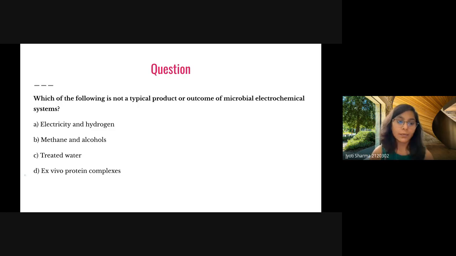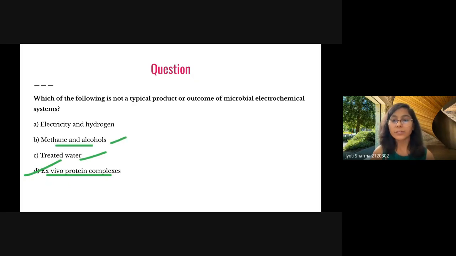Yes, obviously. So this is the part of your process. This is not the output. This is something that we need for the chemical process, for the chemical oxidation. Output will be treated water. It may be methane or alcohol.